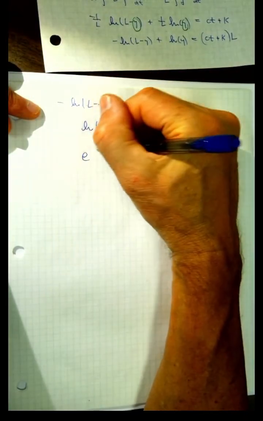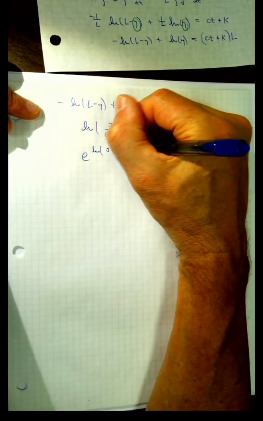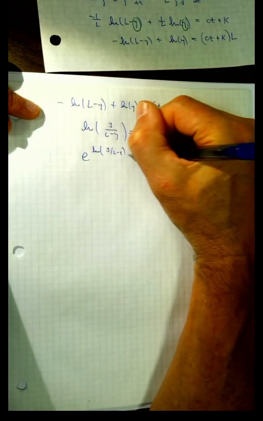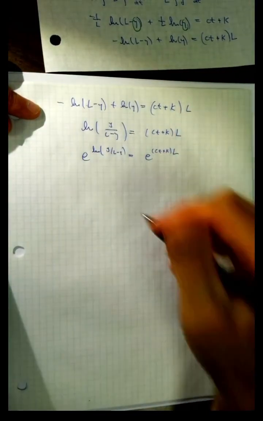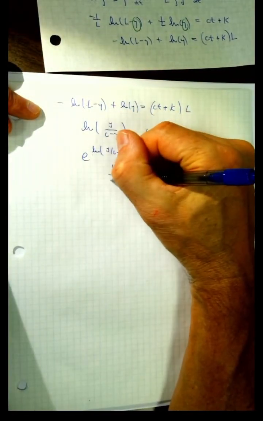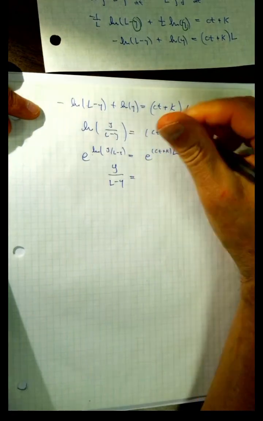I'm going to leave the right-hand side alone. To get rid of the log, I'm going to exponentiate both sides. And the e to the log gives me y over L minus y.